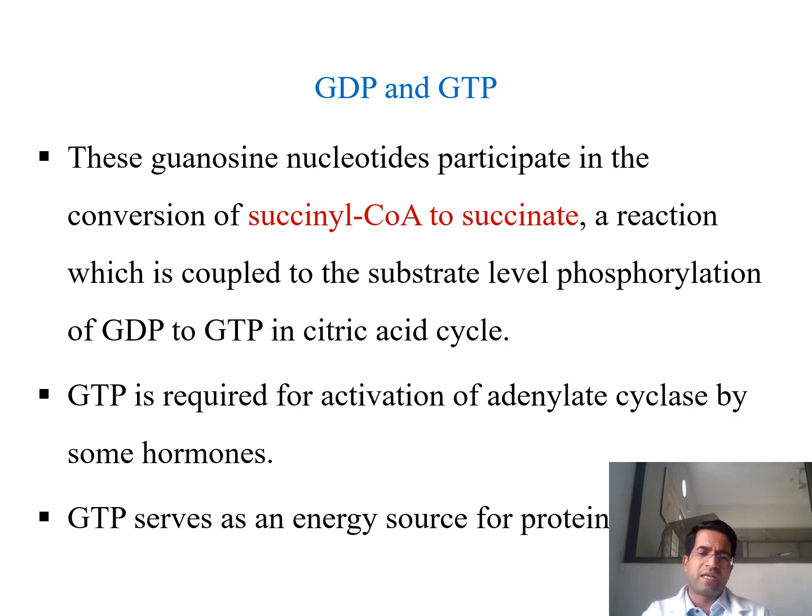It is known as substrate level phosphorylation. GTP is required for the activation of adenylate cyclase by some hormones. GTP, like ATP, also serves as a source of energy for protein biosynthesis.